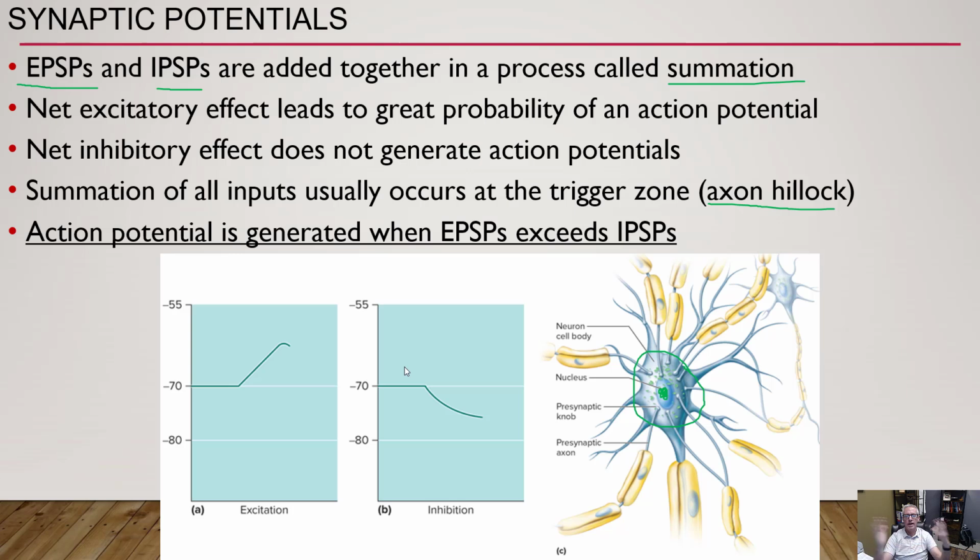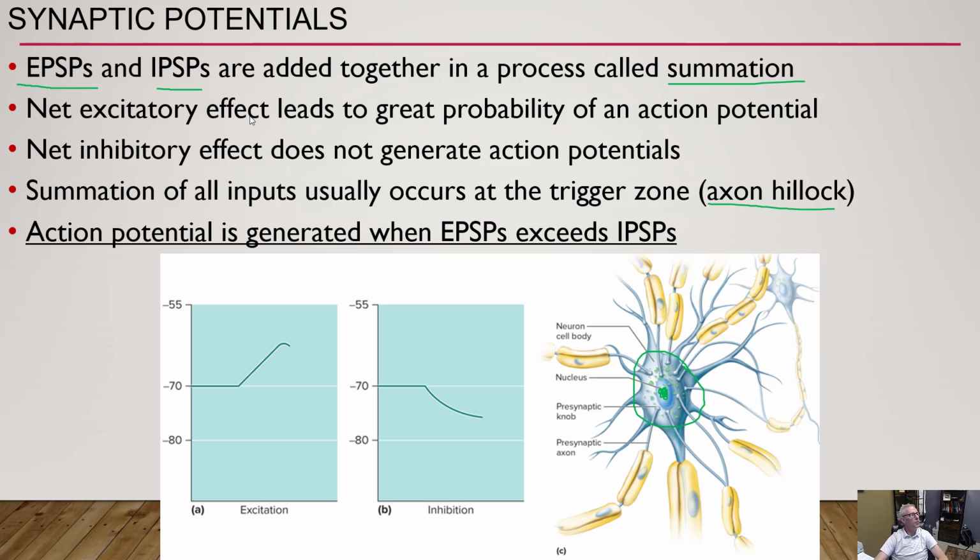Whatever the average is, that's going to determine whether or not that postsynaptic neuron is excitatory or inhibitory.